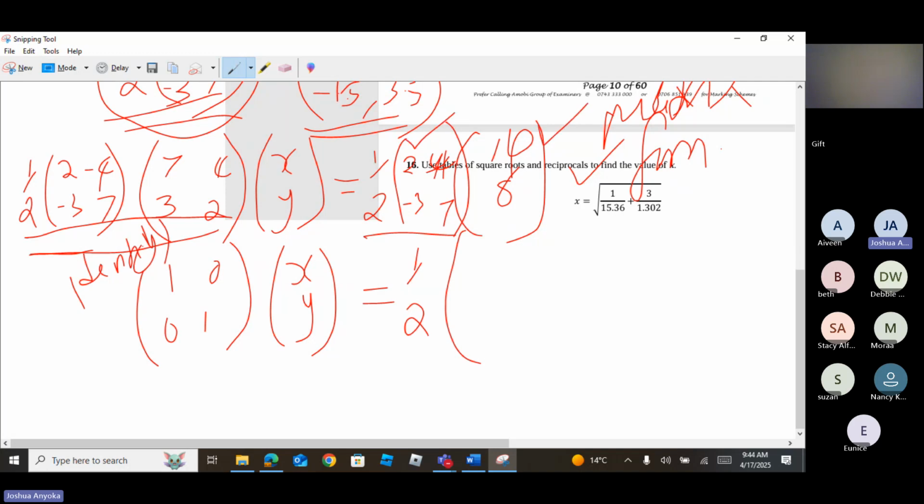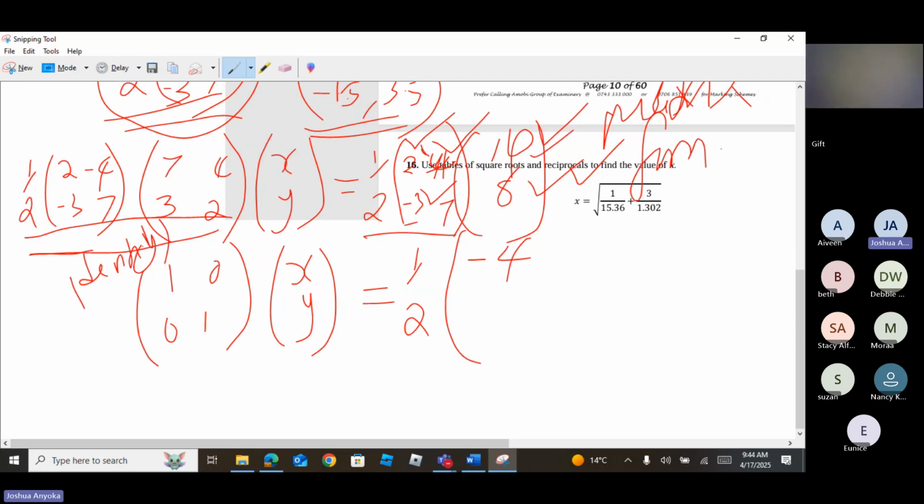2 times 14, 28. 28 plus 32, 60. Negative 3 times, oh, not 60. It was a negative, eh? 4 is negative. So 28 minus 32, negative 4.